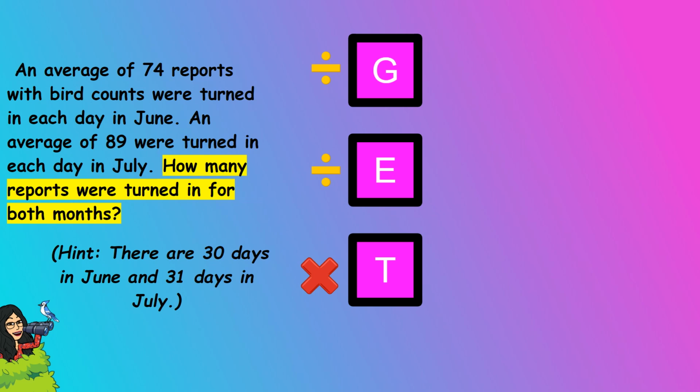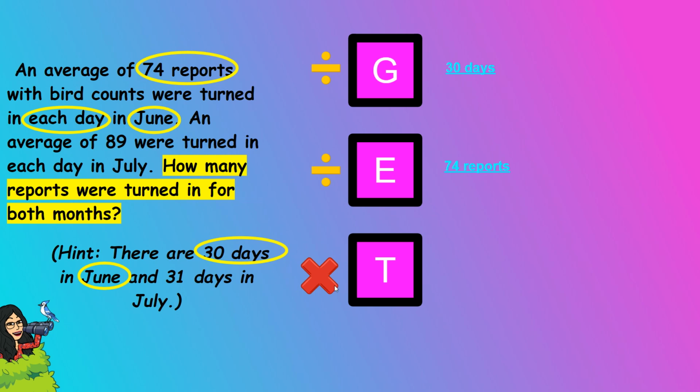So we know that we have 74 reports in each day in June, and we also know there's 30 days in June. So I'm going to record the 74 reports for each day in the E box. I'm also going to record the 30 days for my groups because that's the number of my groups.